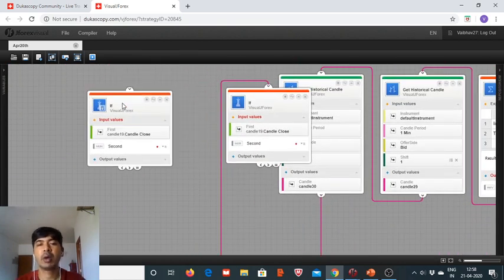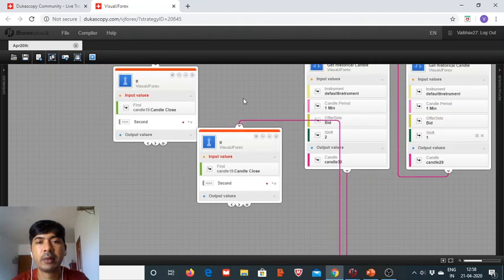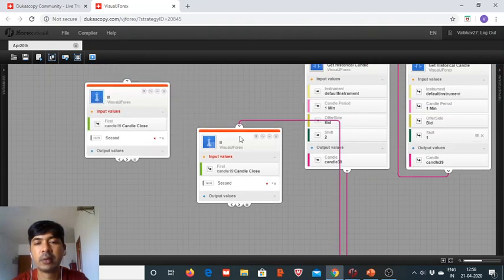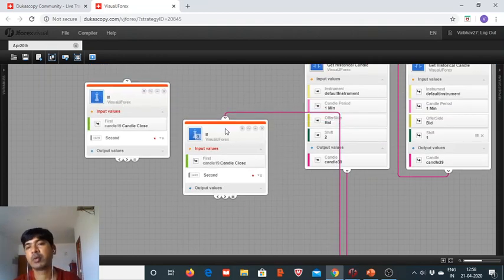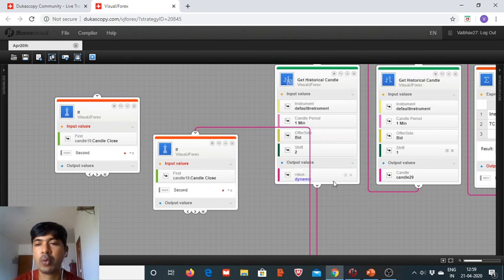We will be now comparing the 1 minute data with the hourly data, and for that we will need to use this look back period of 2 and 1.